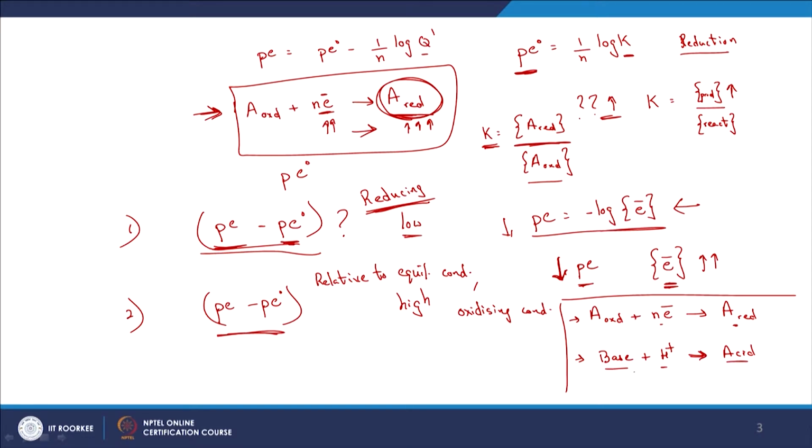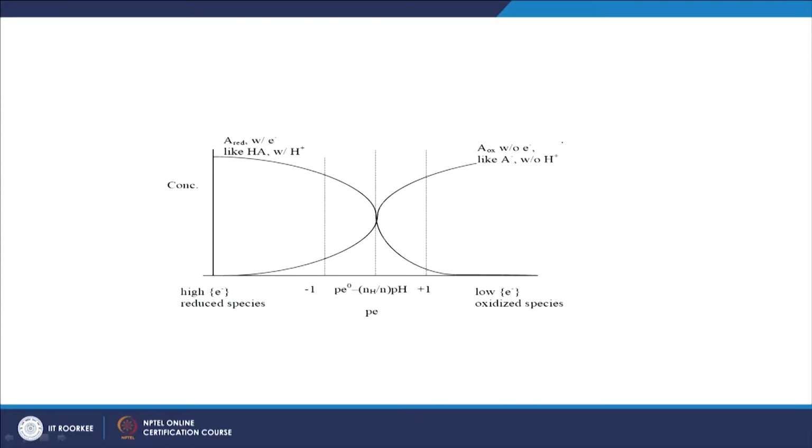From this equation 2, we can also draw comparisons between pe naught and the pKa values, and understand this from the graph in the next couple of slides. Let us understand this system in terms of the acid base reactions we looked at, and draw the pH pKa graph we have always looked at. This is the concentration on the y axis and pH on the x axis.